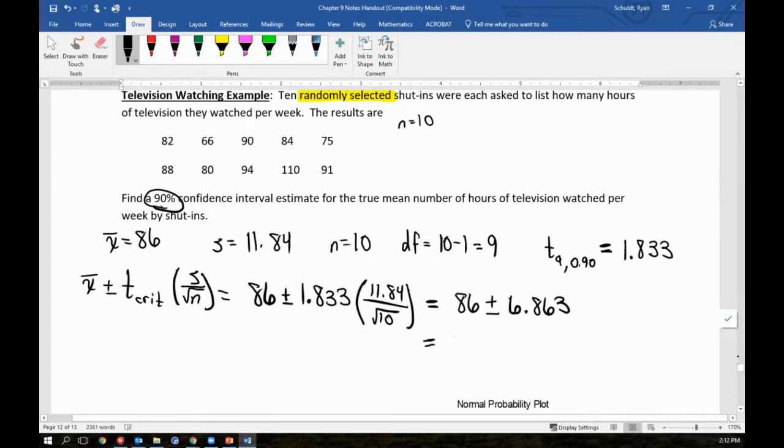Okay, and then for your lower bound, what'd you get? That's your low bound? 14. Okay. And for the upper bound?